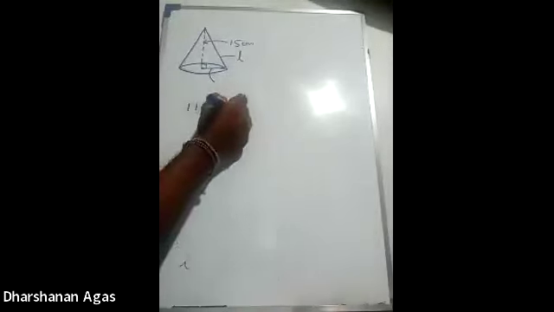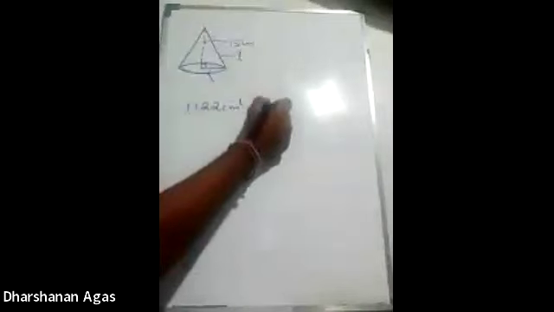This is the curved surface pi r L. Find the radius of the cone when the slant height of the cone is 21 centimeter.